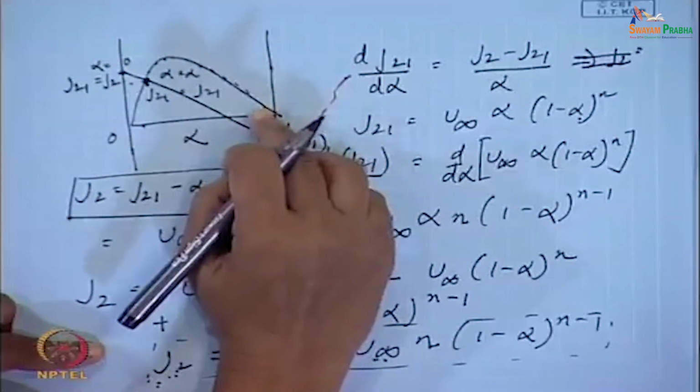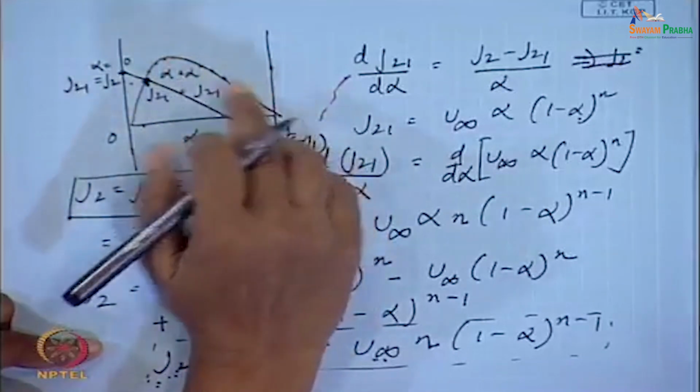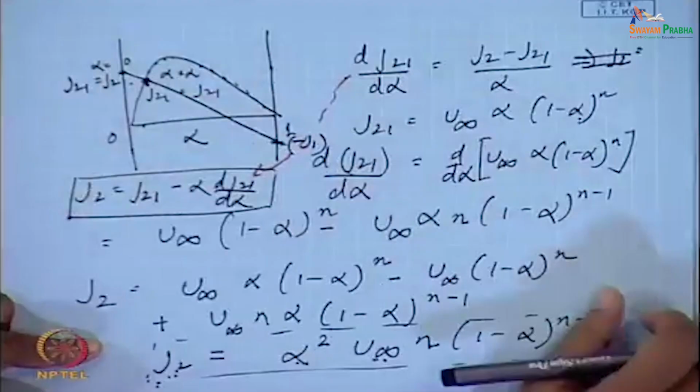Okay. By this particular method you can locate this particular curve. Either this method can be used or the flooding data can be used. Got my point?